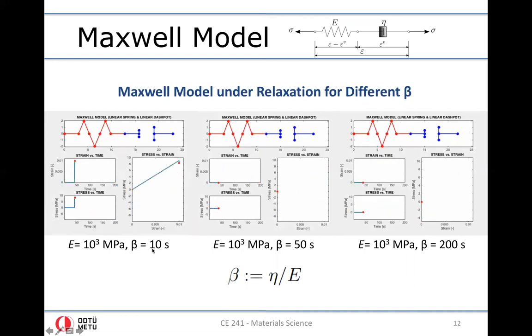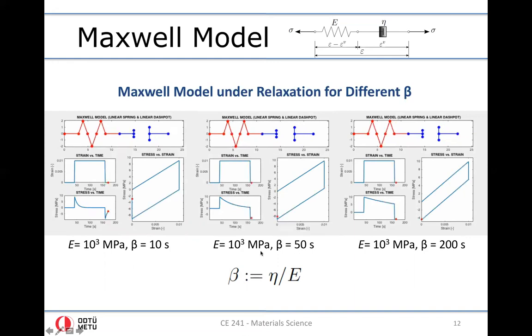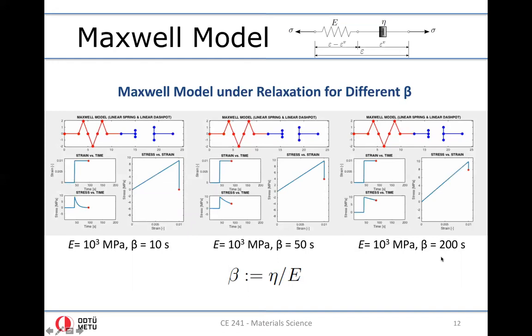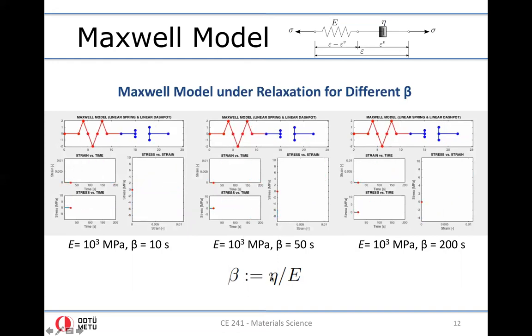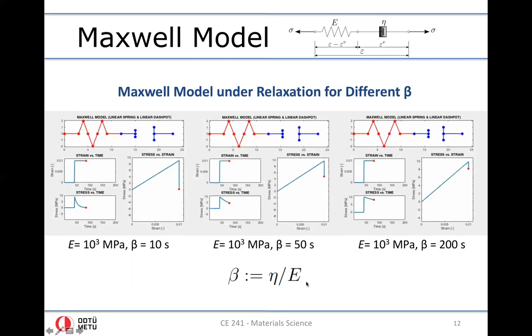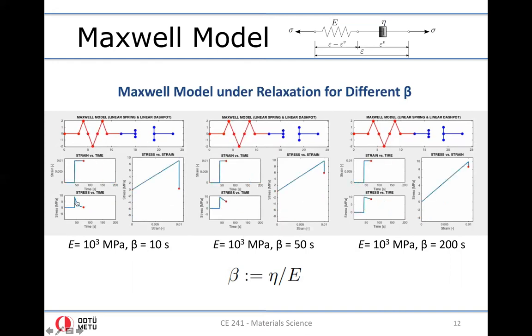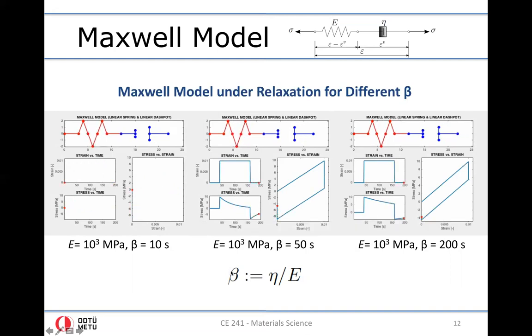the material response on the left is the one which is the least viscous, while the one on the right is the one with the highest viscosity, since relaxation time scales with the viscosity for a constant Young's modulus, which is 1 gigapascal. So what you observe is that the smaller the relaxation time, the faster the relaxation is, as you see, right?